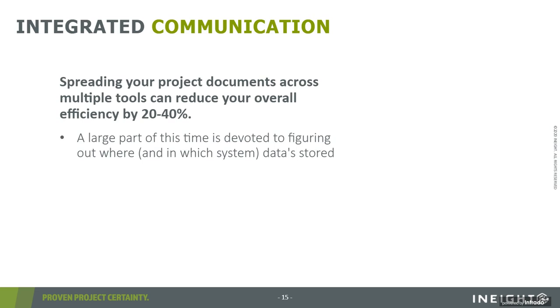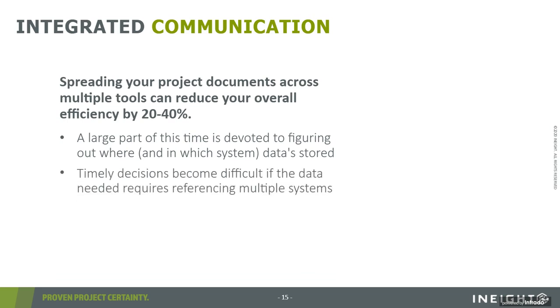So if you're utilizing a system like email and trying to determine who I'm going to ping and who's going to be a part of this discussion, it becomes difficult to search and find and see who sent me that, where did it come from, etc. And timely decisions become difficult because they require the data that we have to reference across multiple systems.